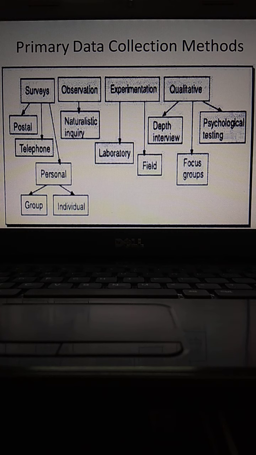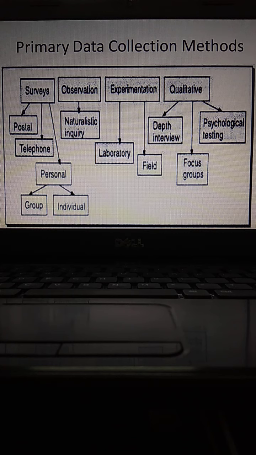Experimentation, like conducting various experiments within the lab for finding the reason. Qualitative depth interviews would be there, psychological testing would be there, focus groups would be there. As far as experimentation is concerned, field kinds of data collection methods are also available.